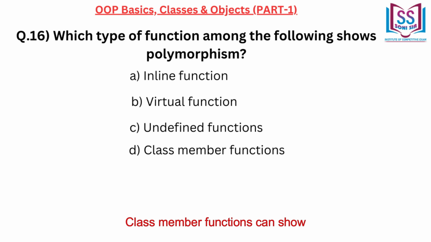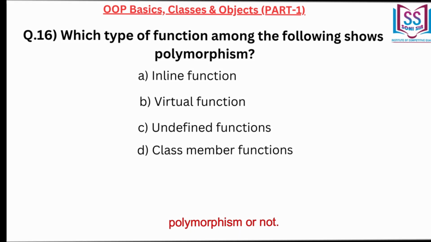Class member functions can show polymorphism too, but we should be sure that the same function is being overloaded, or is a function of an abstract class, or something like this. Since we are not sure about all these, we can't say whether it can show polymorphism or not.